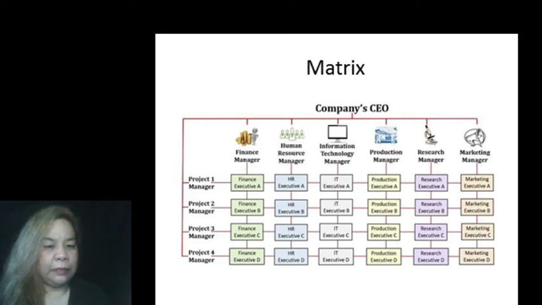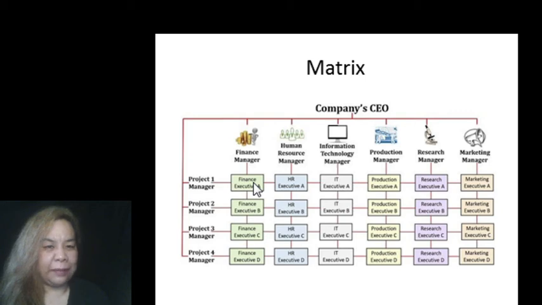For example, we assume that the business currently has 4 projects to accomplish. Project 1, 2, 3, and 4. And then we have here the different functional areas. There are people coming from these different functional areas that are assigned to work for a specific project.